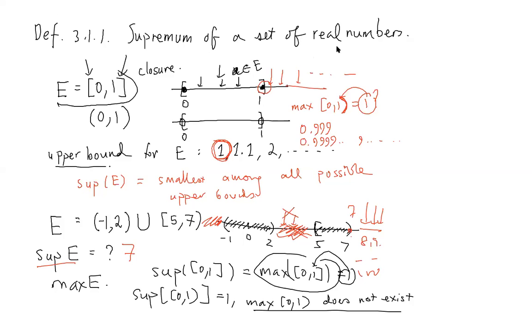Okay, I'm going to clear the board now. If you can have the supremum, sup, we also have something like the reverse, called the infimum of a set.